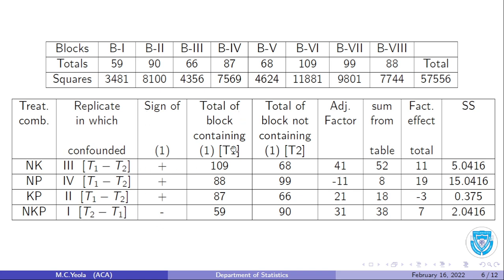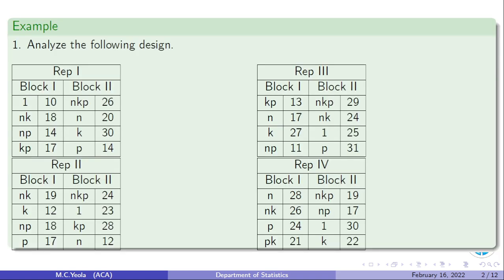The total of the block containing 1 we call T1, and the total of the block not containing 1 we call T2. So we have to go there and find out where 1 is. For example, I will explain this. NK is confounded in the third replicate. So we see where 1 is present, in which block. Here NK is confounded in this replicate, and in block 2, 1 is present.